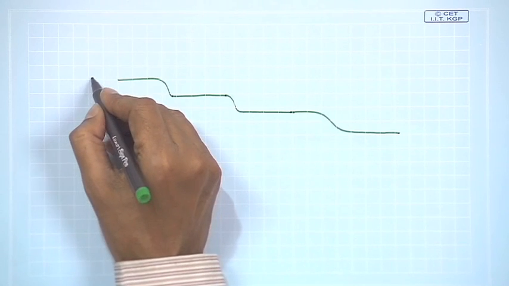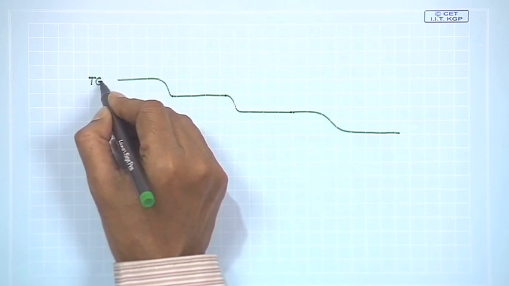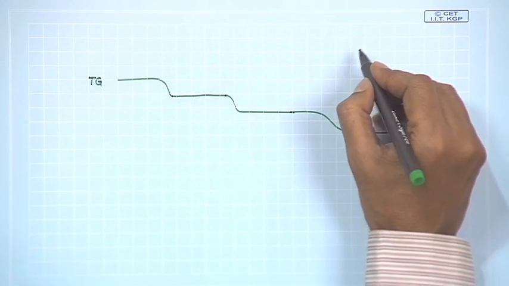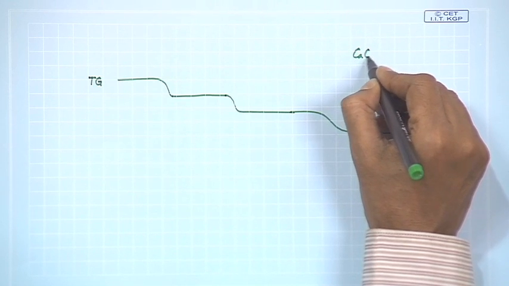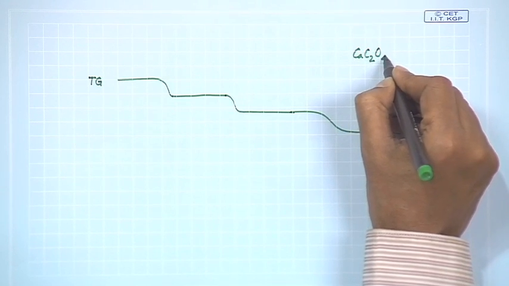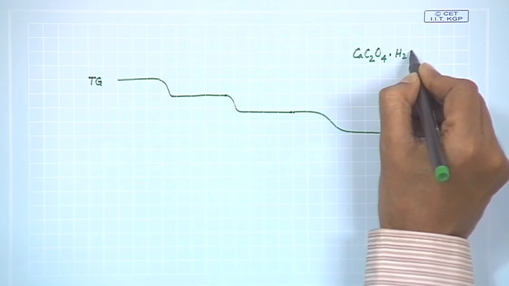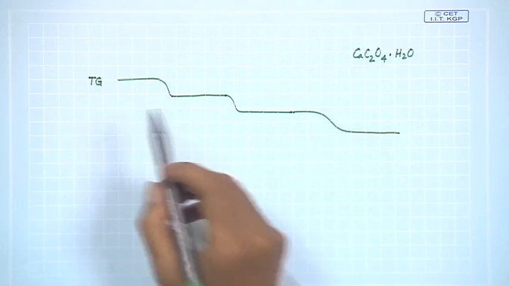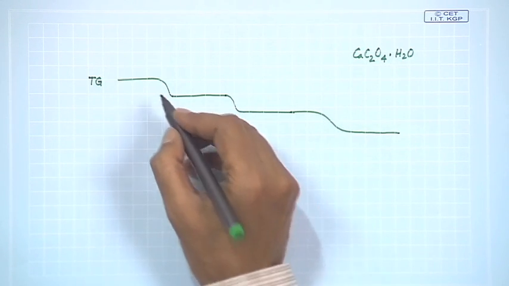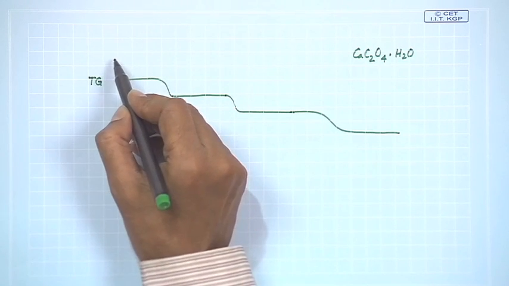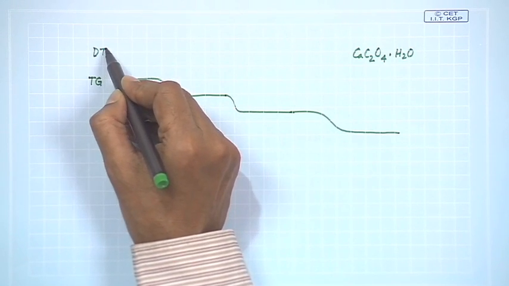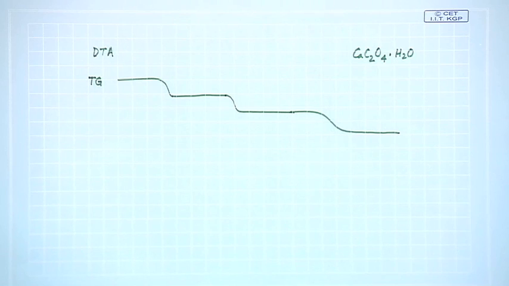This is your TG plot for calcium oxalate monohydrate, CaC2O4 monohydrate. We will be talking about all this in air. So what will be your corresponding DTA plot? We are interested to know that particular plot.